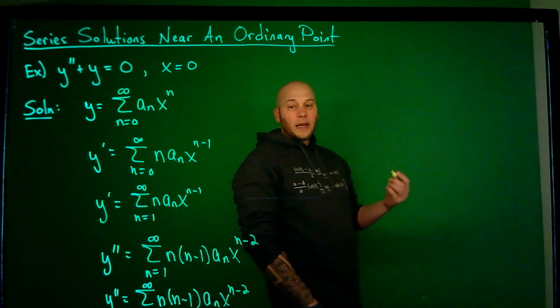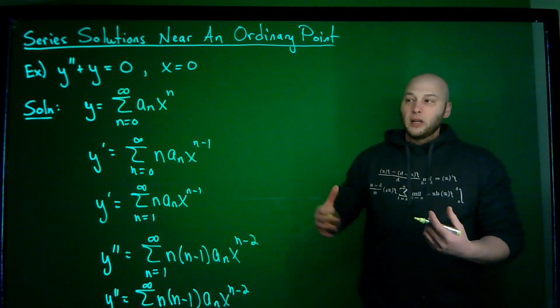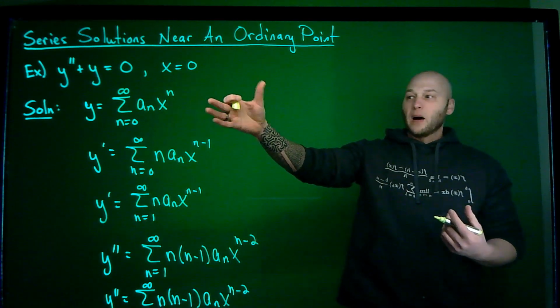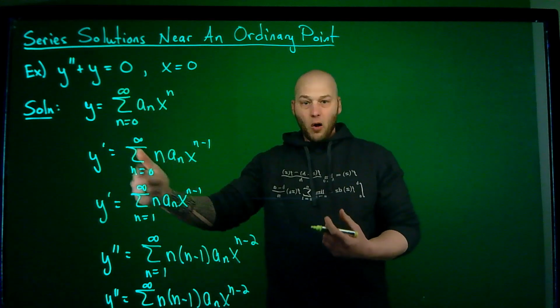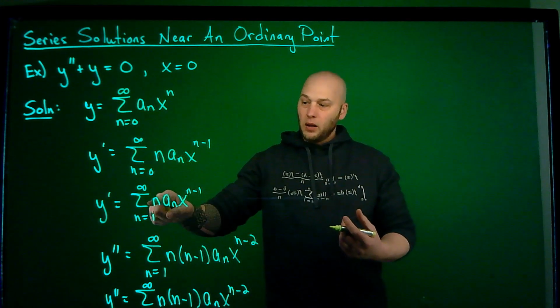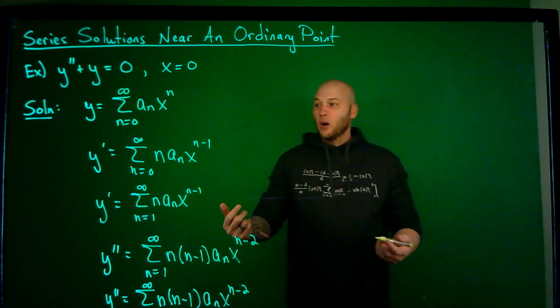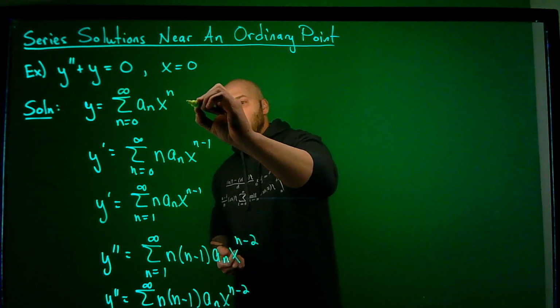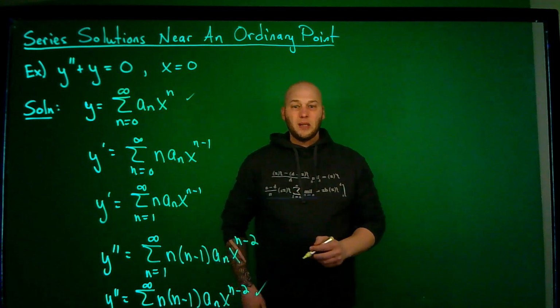Now, what I need to do is plug these series into the differential equation. Of course, if I had a first derivative here, then I would plug in all three of those: the series for the unknown function, the series for the first derivative, and the second derivative. In this particular case, I only need to plug in the series for the unknown function and the series for the second derivative.